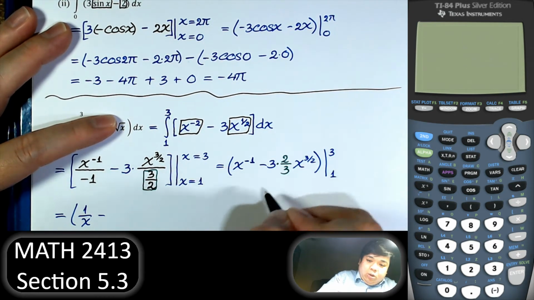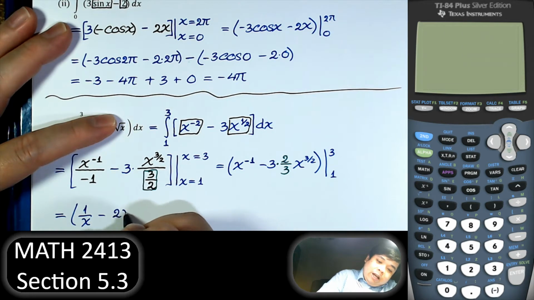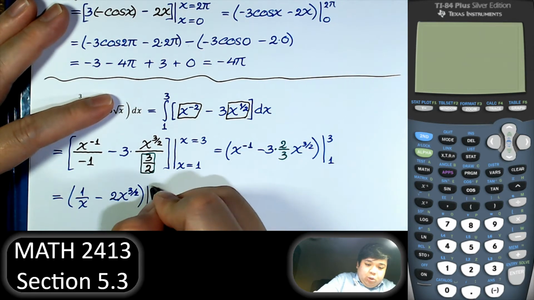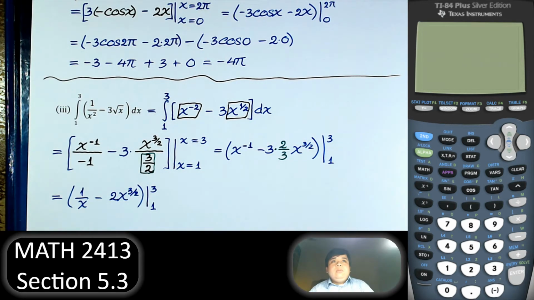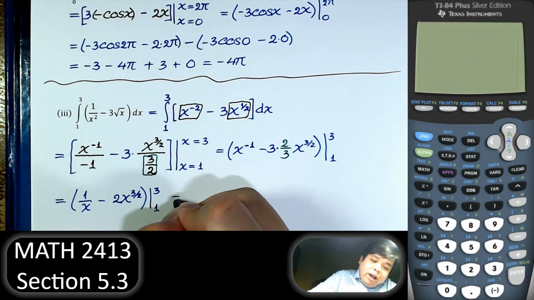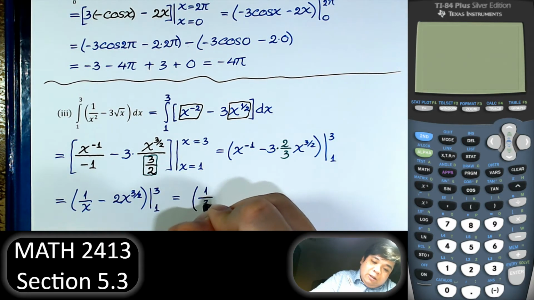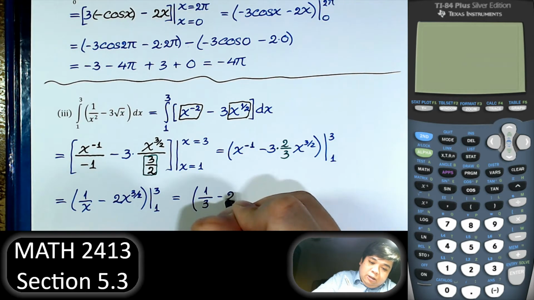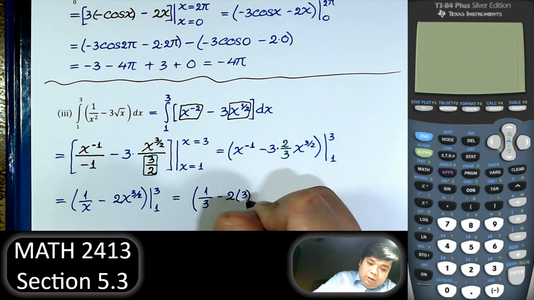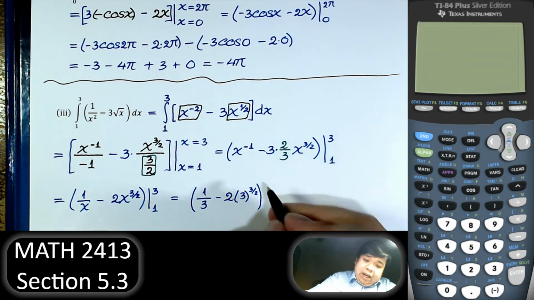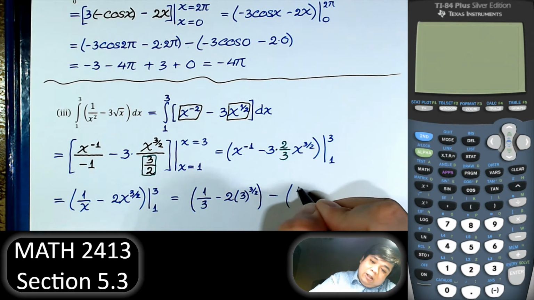And then the 3 and the 3 cancel, leaving 2 x to the 3/2, going from 1 to 3. We're going to put 3 in for x, and then we will put 1 in for x.